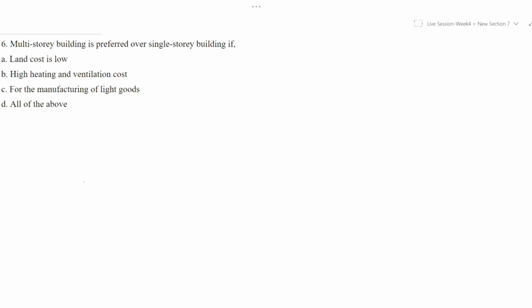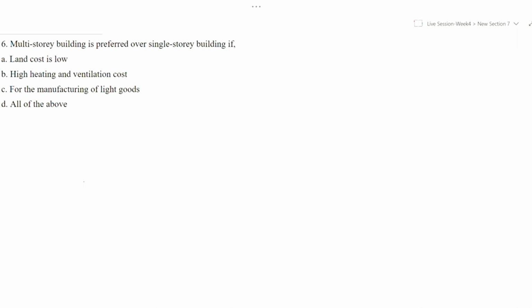Otherwise these types of buildings are best suited for hotels, schools, shopping malls, etc. They are usually not preferred for manufacturing plants. But in some conditions, when the land cost is very high and the multi-story building will be able to manufacture light and small size components, they're specifically preferred.